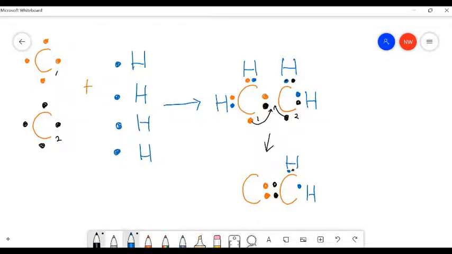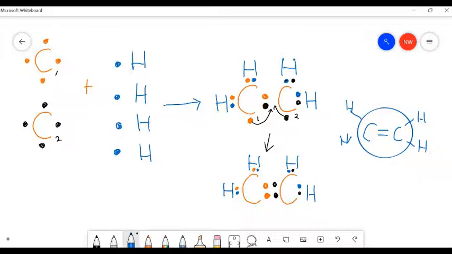Because C2H4 has a double bond. You must make sure the central atom, which is carbon, achieves its octet configuration. Carbon must always have 8 electrons to achieve octet. So, if we draw it with normal bonds, the structure is like this: C, double bond C, with H, H, H, H. As you can see here, the carbon achieves octet. It has a double bond and single bonds.